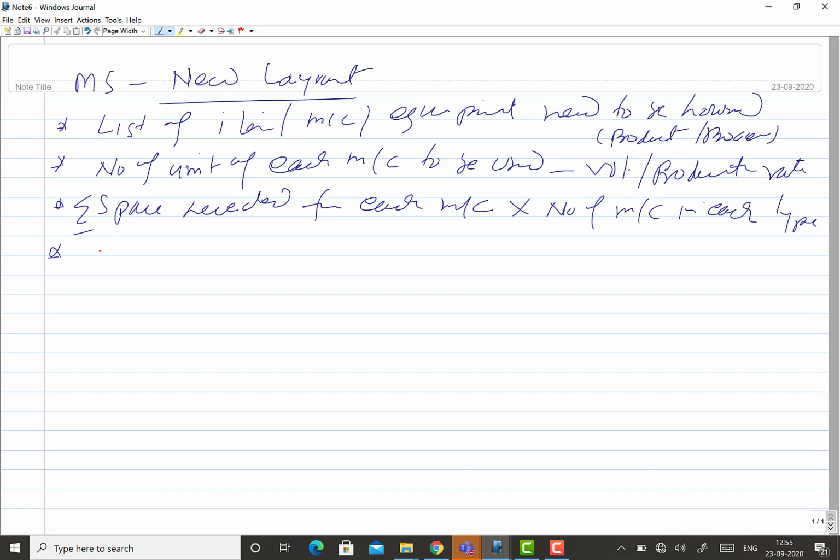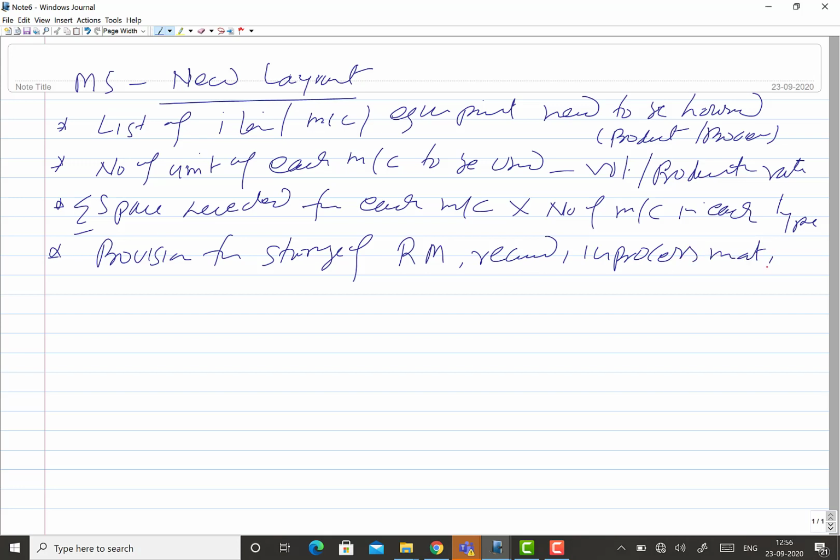Thereafter, another important thing to keep in mind is that we have to make provision for storage of the raw material which is being received, the semi-finished product, in-process material or finished material.